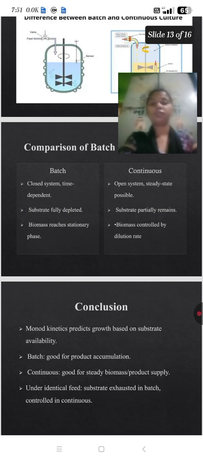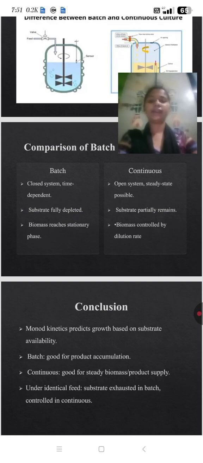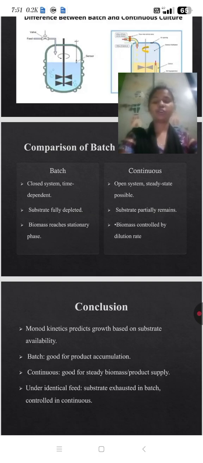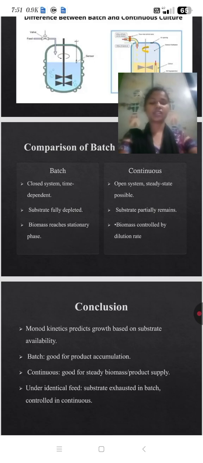Batch culture: closed system, time dependent, substrate fully consumed, biomass reaches the stationary phase. Substrate is completely consumed using nutrients in the growth phase, and the environment reaches the stationary phase. Control is time based.